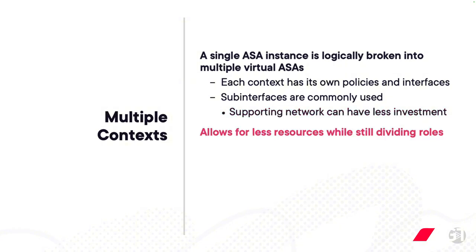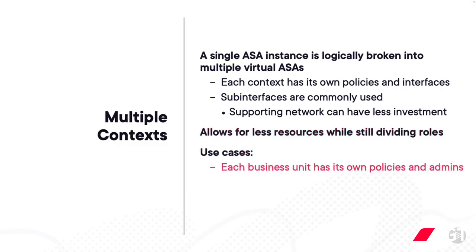And that's the main benefit of multiple contexts. While setting it up is more complex, the main benefit is it allows for a logical separation of roles for each firewall. Therefore, organizations don't need to purchase another ASA. For example, maybe there's a campus network that has multiple business units, and each business unit would have their own sets of policy administrators. Or it could be a service provider that has multiple different customers in their data center, so each customer would need their own rules.